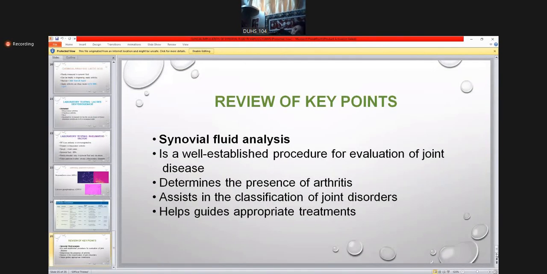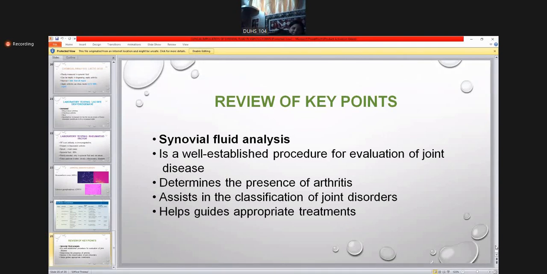Now come to the review of the key points. Synovial fluid analysis is a well-established procedure for evaluation of joint diseases. Without synovial fluid analysis, we can't reach the final diagnosis. Okay, so we have to do the synovial fluid analysis first, right? Then it determines the presence of arthritis.